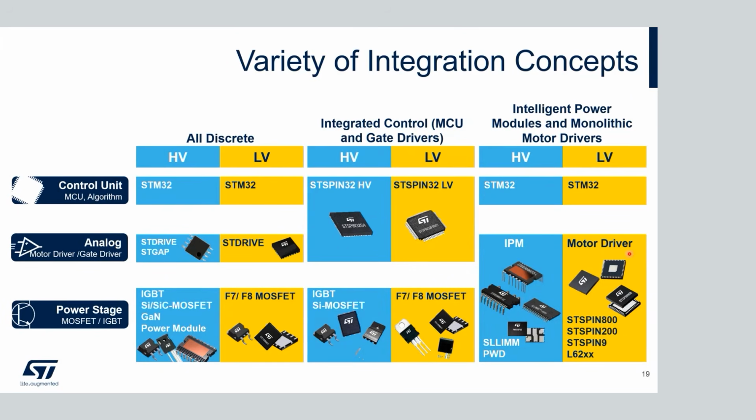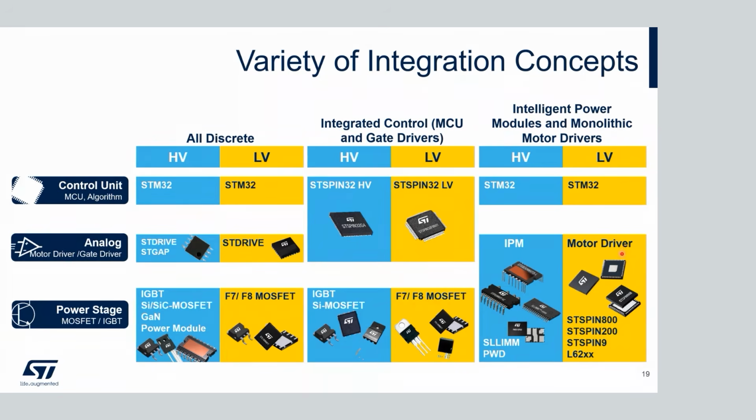The motor drivers, we call them monolithic motor drivers because they are on a single chip. So it's a single chip, while these packages contain several dies, several chips inside. So you have your 6 switches plus the gate drivers and so on in the package. And here is one single silicon chip integrated into one package. And that's also one of the reasons why we offer these products of the ST-SPIN family only in low voltage applications.